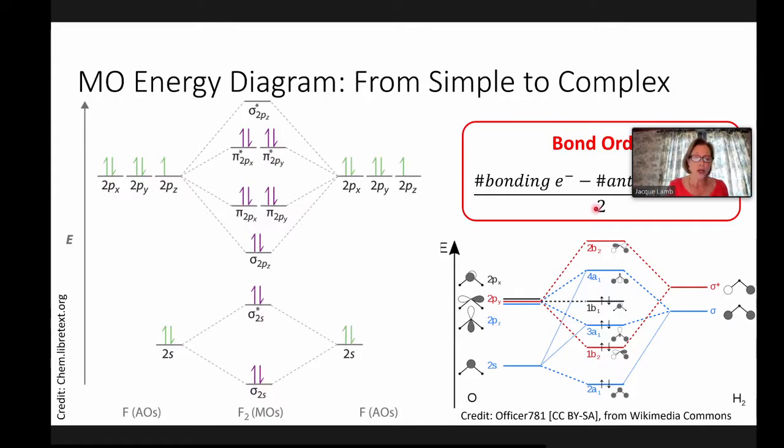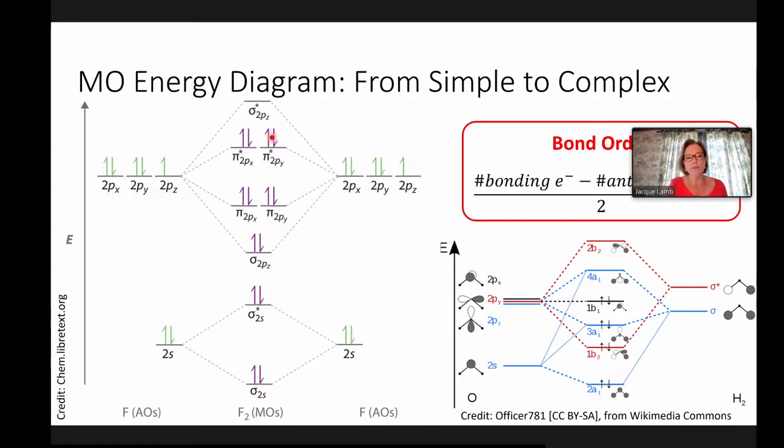So we have 2, 4, 6, 8 electrons in bonding orbitals, and we have 2, 4, 6 in anti-bonding molecular orbitals. So 8 minus 6 is 2, divided by 2 is 1. The bond order in fluorine is 1.